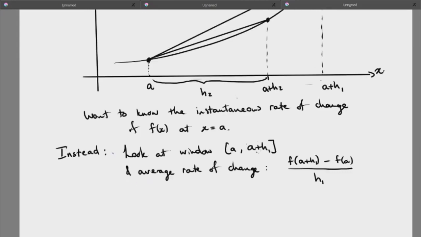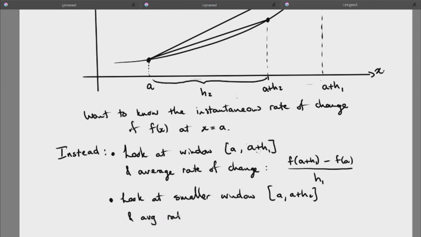So this is sort of the first thing. Then I'm going to look at a smaller window by not stepping ahead that much. And then the average rate of change is the change in the y value.